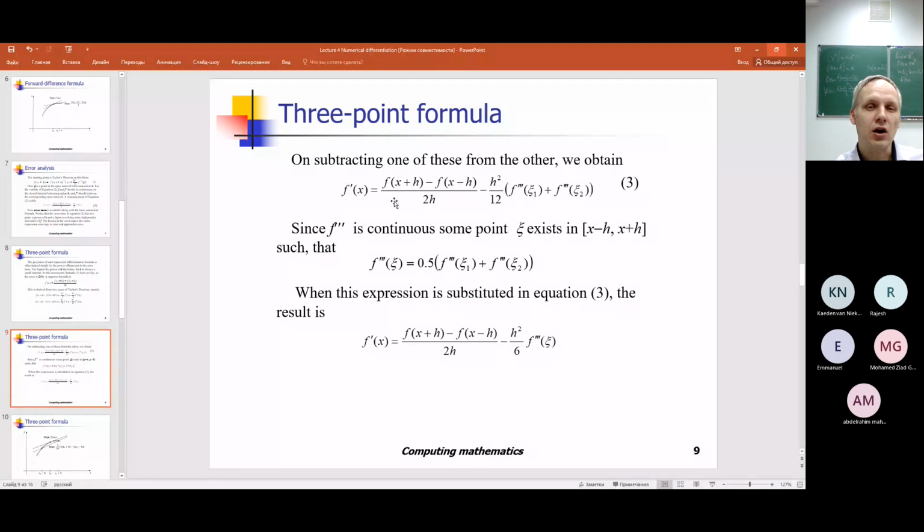Again, it consists of two terms. This is the approximation, and this is the error.